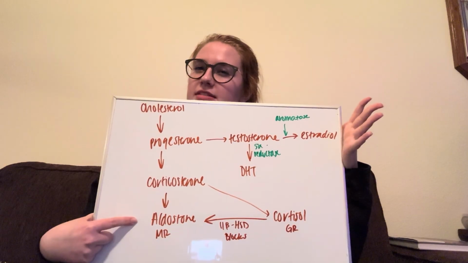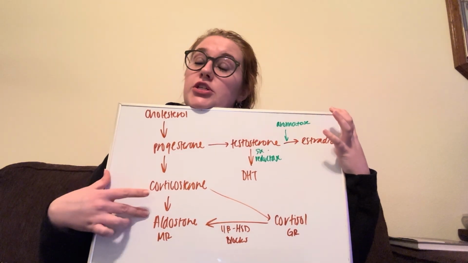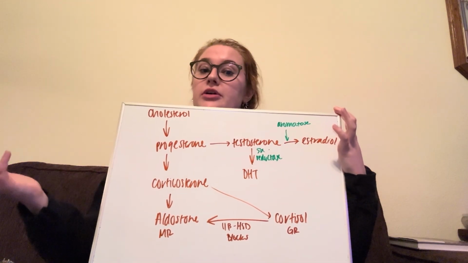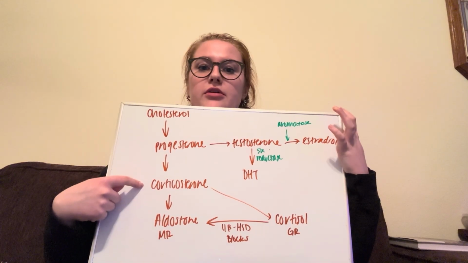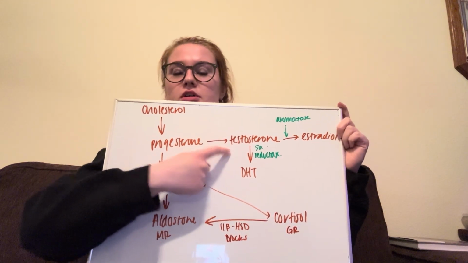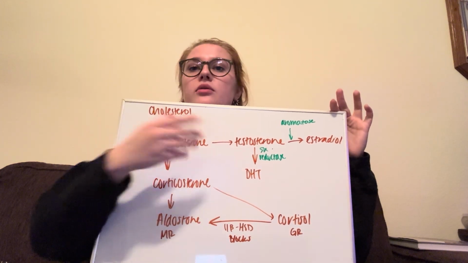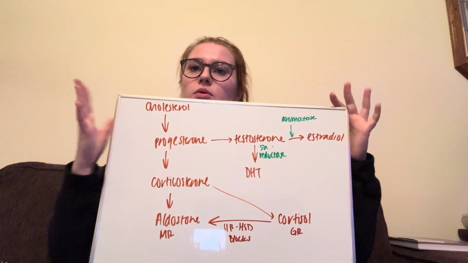It's part of the RAS system, which I will be talking about a little bit. So this is just an introduction: she's a cholesterol-derived steroid hormone. Progesterone can also go to testosterone. Testosterone can go to estradiol. Testosterone can go to DHT, your more biologically active form of testosterone. Cool.